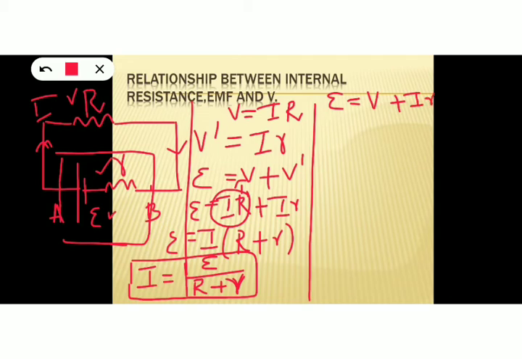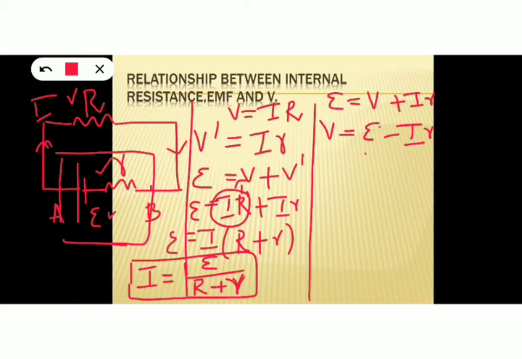Therefore, V is equal to E minus I r. And from this expression it is very clear that terminal potential difference V is equal to EMF minus I r. So which is greater, EMF or potential difference? Yes, EMF is greater because potential difference is less than EMF by a factor I r.